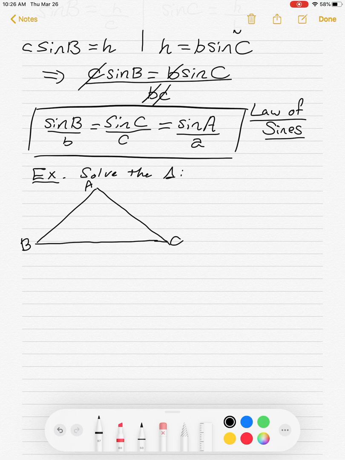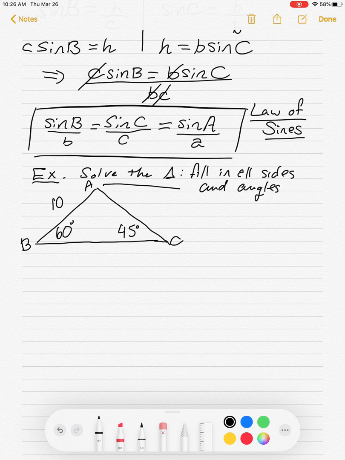We have 45 degrees here, 60 degrees here, and 10 here. My goal, remember, to solve the triangle, is to fill in all sides and angles. So I'm missing this one, which would be labeled A, this one would be labeled B. I need to fill those in, and then this missing angle A.